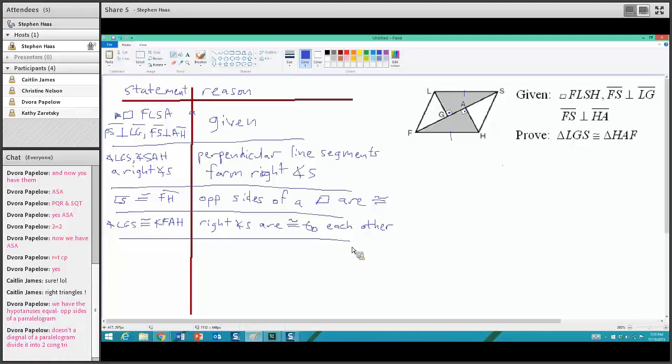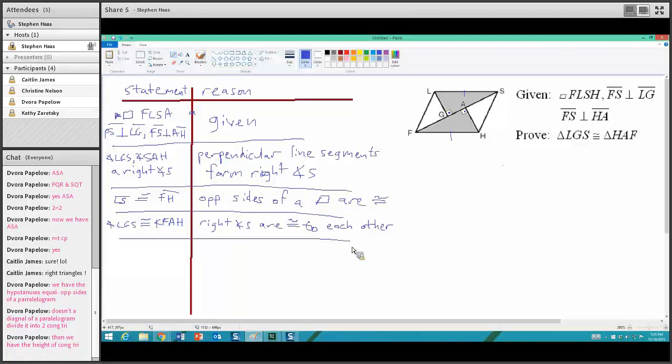Doesn't a diagonal of a parallelogram divide it into two congruent triangles? That is true, but how would that get us to two smaller triangles? That would get us LFS and HSF, and then you want to reduce it somehow to get the other ones. There might be a way to do it that way, but I see a simpler way.